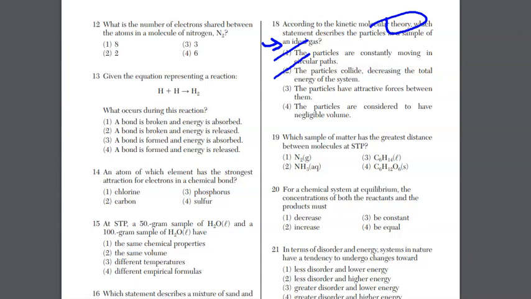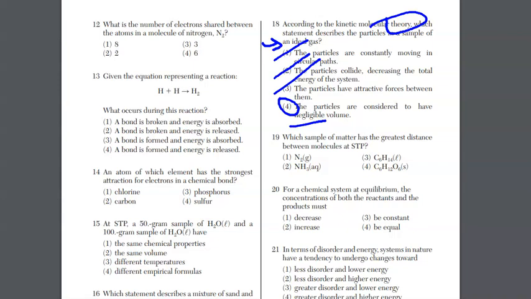The particles have attractive forces between them. That is true, but we ignore it when we're dealing with an ideal gas. That's not the answer. It is choice 4, that the particles of gas are considered to have negligible volume, I can't say the word too well, but this means that we're ignoring the volume. It's negligible. Ooh, that was tough, but I did it.